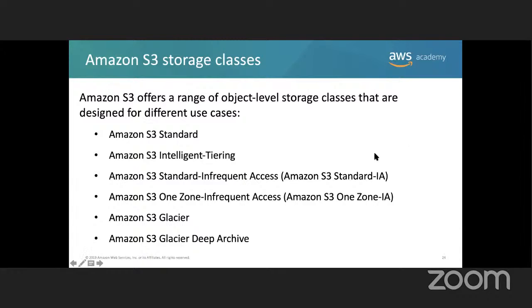So you have something called lifecycle policies in S3, where you can move objects from one class to the other, just in case you want to archive the objects after 1 year, for example.